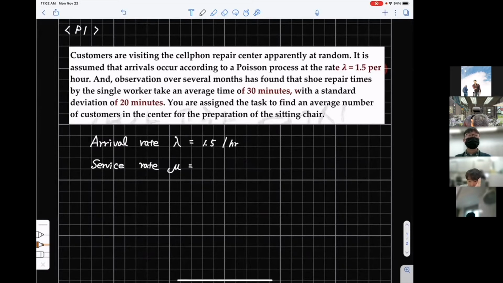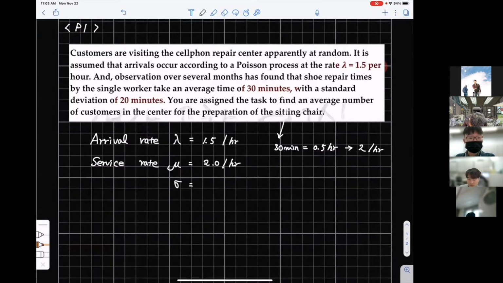Here, 13 minutes is about half an hour, and this means that 2 persons can be cared for per hour. So service rate is 2.0 per hour. And the standard deviation is 20 minutes, and this can be converted to 1/3 hour.